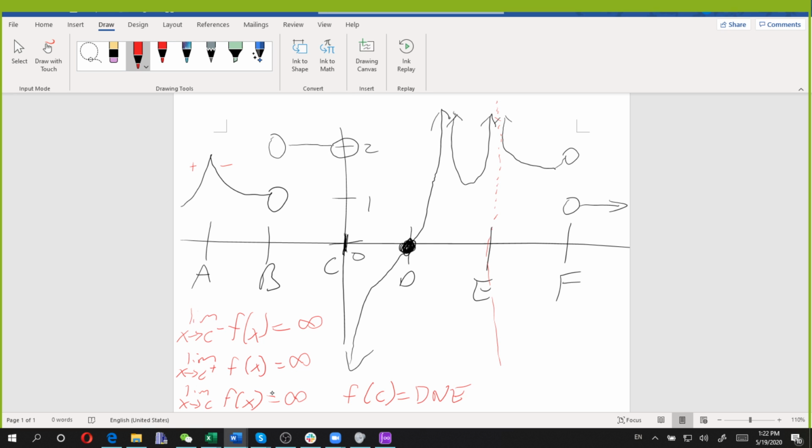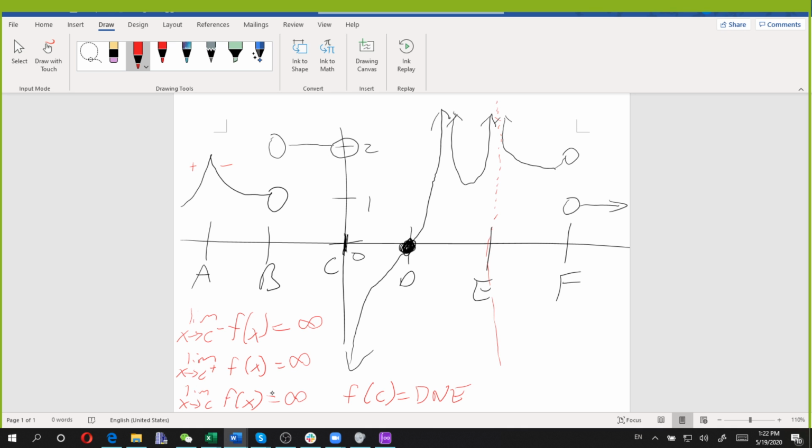Let's do one more, Sarah. At point C, so that's at 0, am I differentiable? Okay, we are not differentiable. You're right.